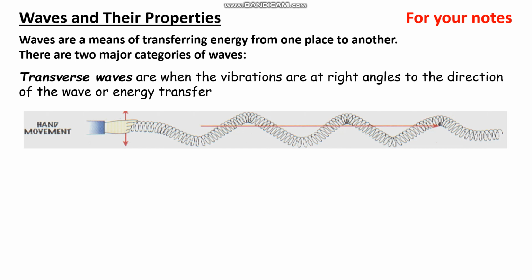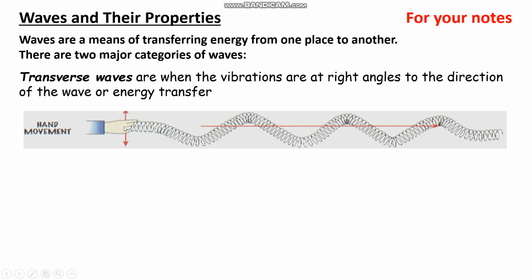You can easily make a transverse wave by attaching one end of your slinky to a fixed point, a door handle for example, and then stretching the slinky out and then moving your hand in an up and down motion. That will produce a classic wave pattern.